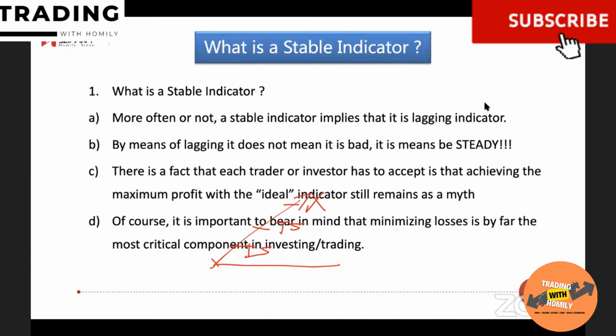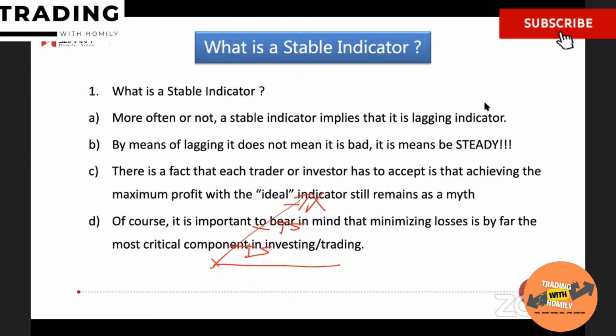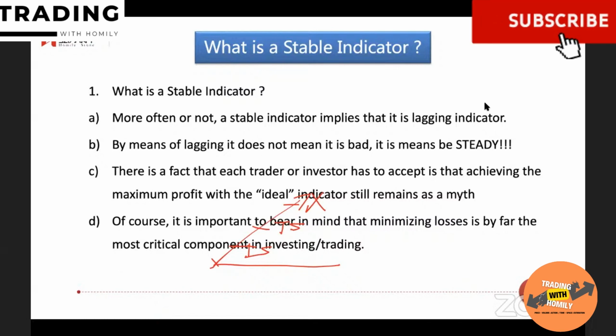Now, when I say investing poses a lesser risk, guys, let's just put it this way. Investing is a period of 12 to 21 months. And some people will ask me, hey, if you do technical analysis, why do you want to invest? This is where you all get it wrong.